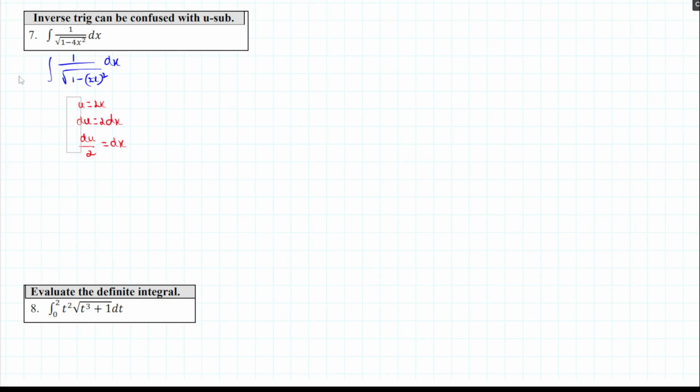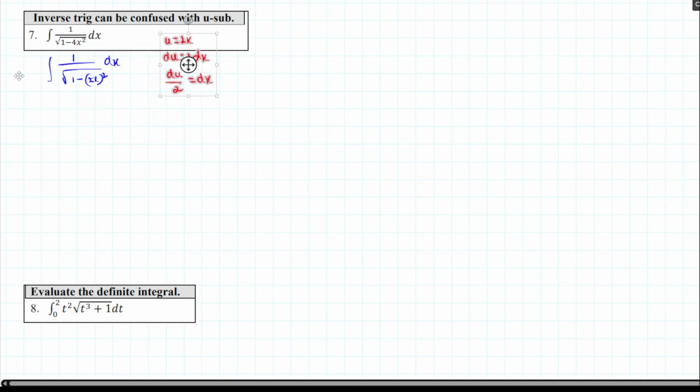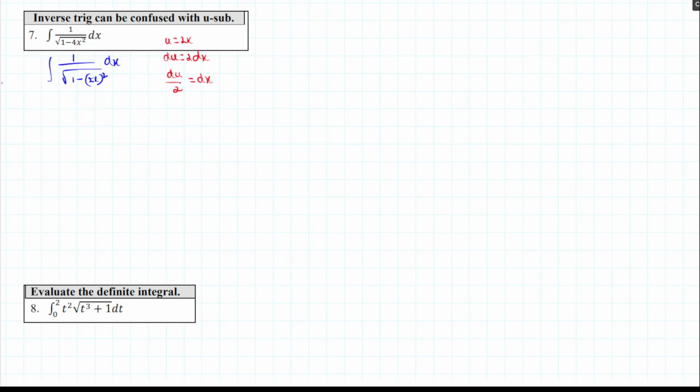So let's see this side. Now rewrite this integral as the integral of 1 over square root of 1 minus u square, and dx equals du over 2. So that is 1 half. You can see 1 over square root of 1 minus u square with respect to du, and this is 1 half.